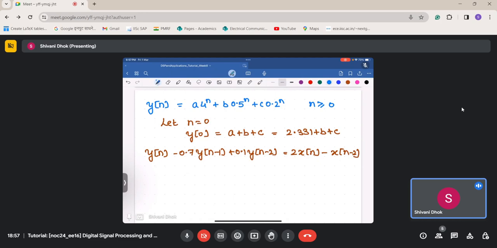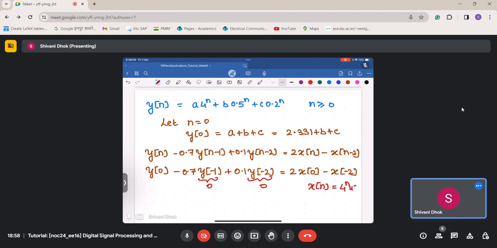If I substitute n equal to 0, I have y of 0 minus 0.7 y of minus 1 plus 0.1 y of minus 2, which is equal to 2 times x of 0 minus x of minus 2. We are given that for n less than 0, y of n is 0. So these quantities are 0, and my x of n is 4 to the power n u of n. Again we have a u of n here, so this quantity is also equal to 0, and x of 0 will be equal to 1.